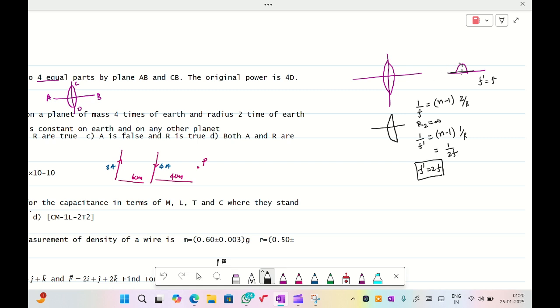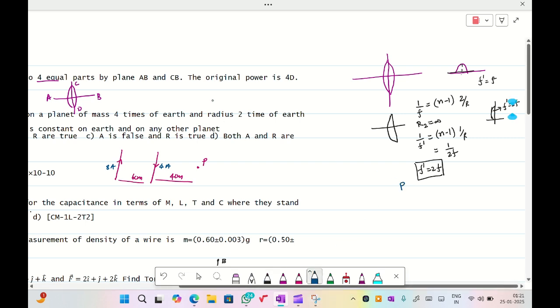And based on this concept, if you cut into the fourth part, the part will become like this, so its focal length is equal to 2f only. From the given question, the original power is equal to 4D.